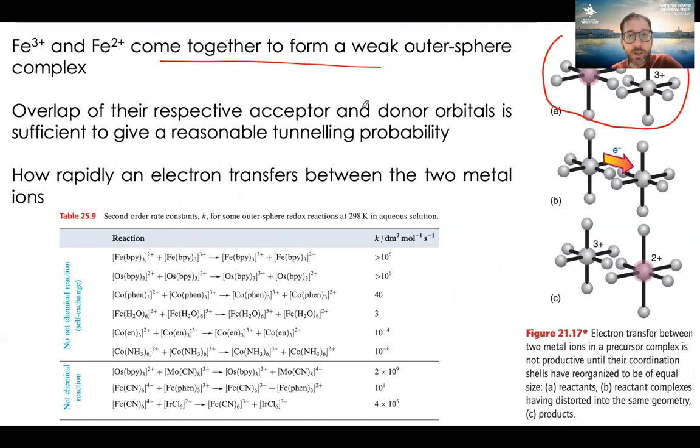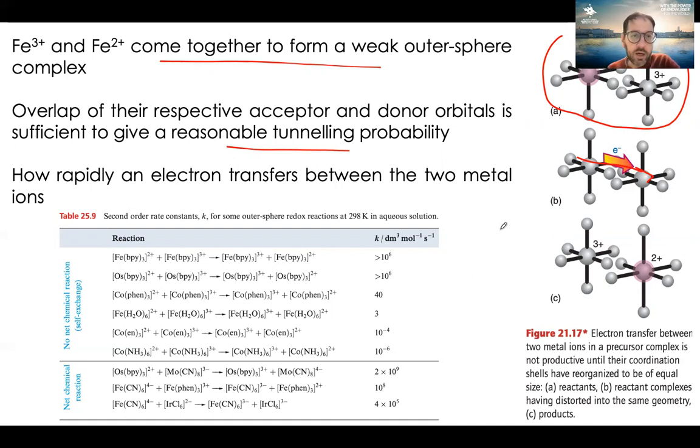Then there is overlap of the respective acceptor and donor orbitals to give reasonable tunneling probability, and then the electron is transferred, and the redox process happens. Then this outer sphere complex dissociates into solution again.